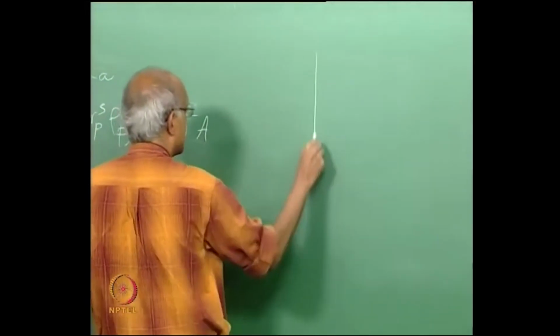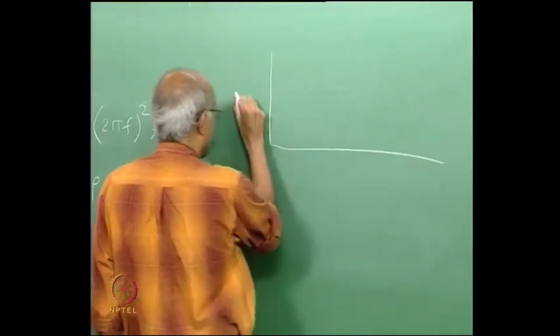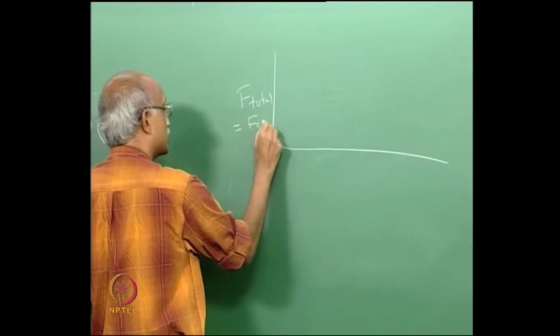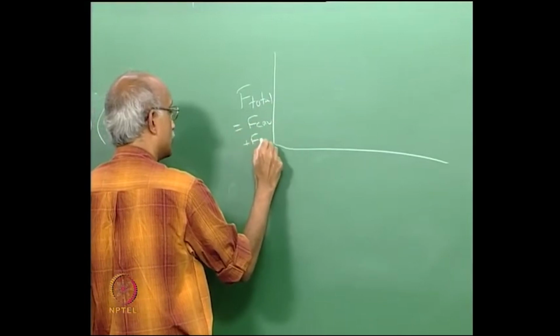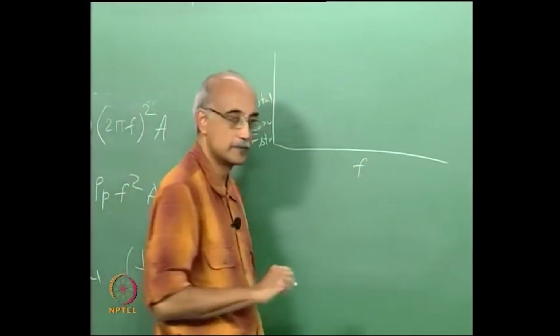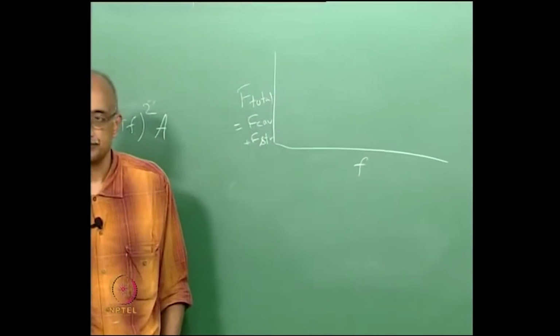So, if I plot f total, which is f cavitational plus f streaming as a function of frequency, what will you get?